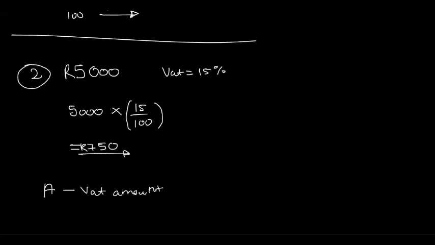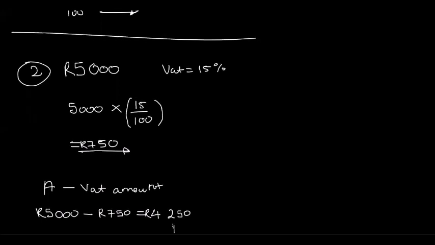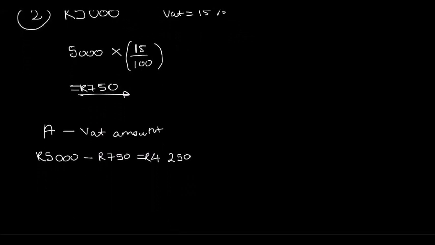Basically that's just taking your 5,000 rand and then subtracting your 750 rand, which will give you 4,250 rand. Okay, so that's it with the VAT.